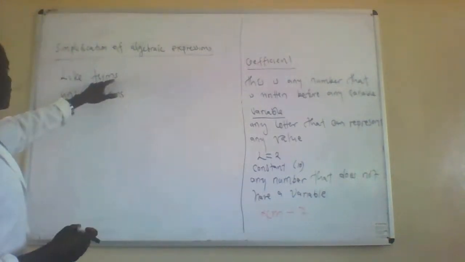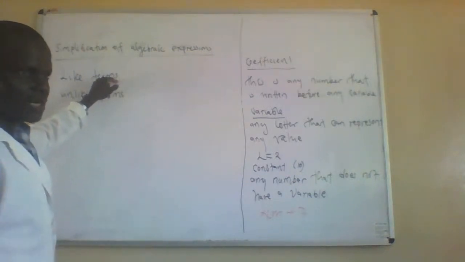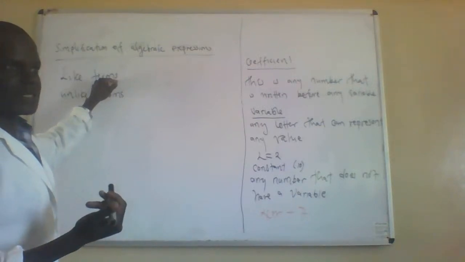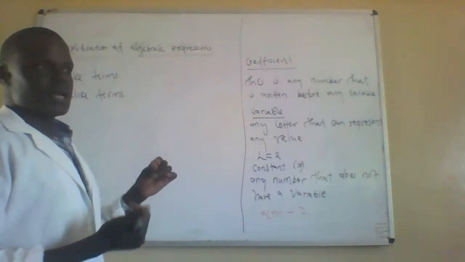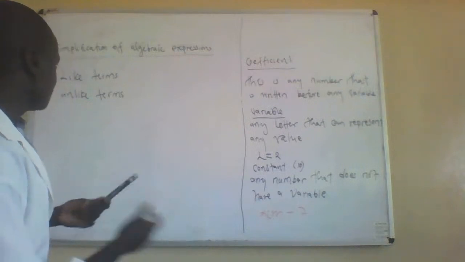What are like terms? Like terms are the terms that contain the same variable as well as the same power that is written on the variable. What do I mean?